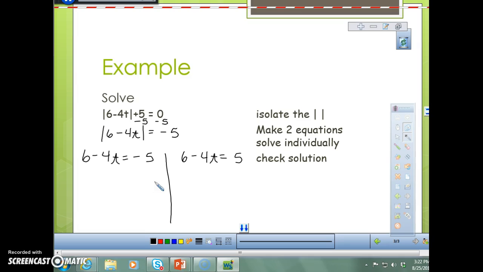Where on earth is that on the number line? Well, if this is 0 and I go to 5, is that distance negative 5? Oh, you can't have negative distance. So if you get absolute bars equals a negative, then there is no answer. It's a no solution.